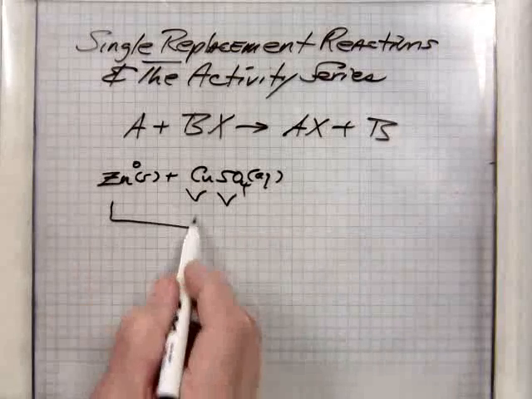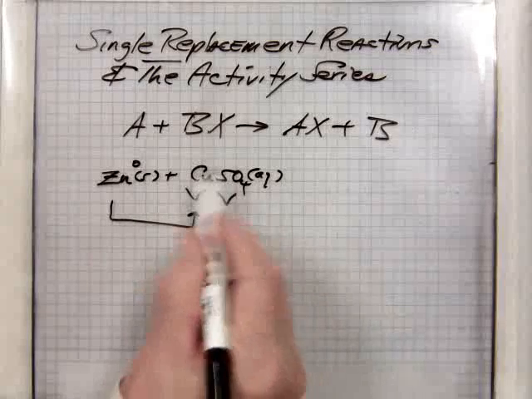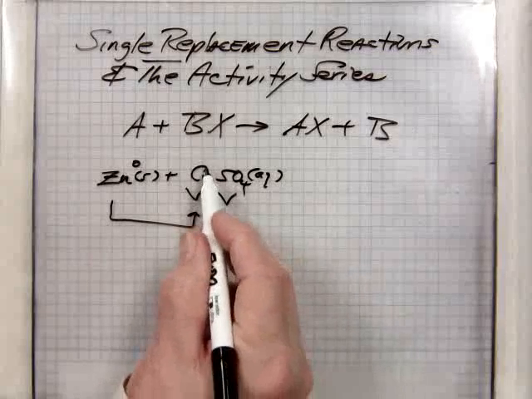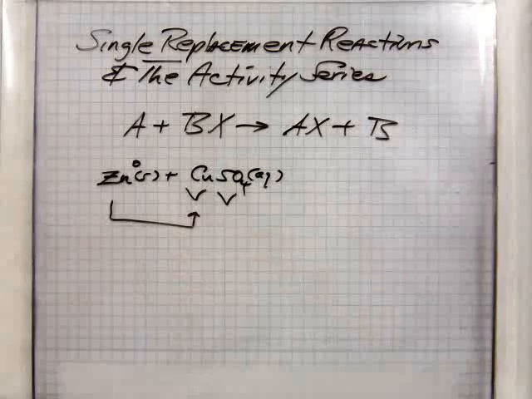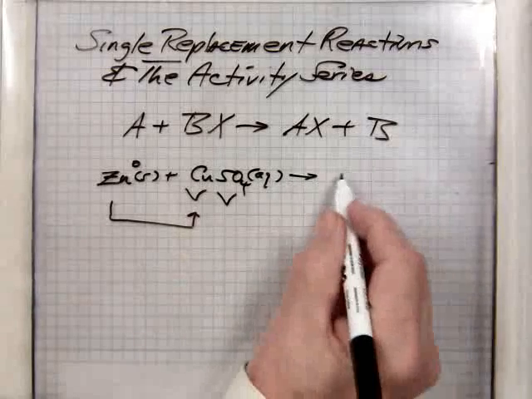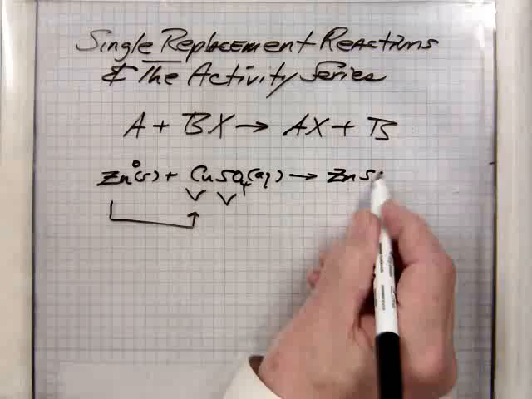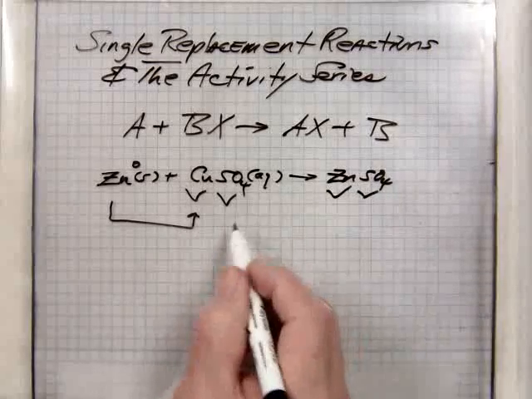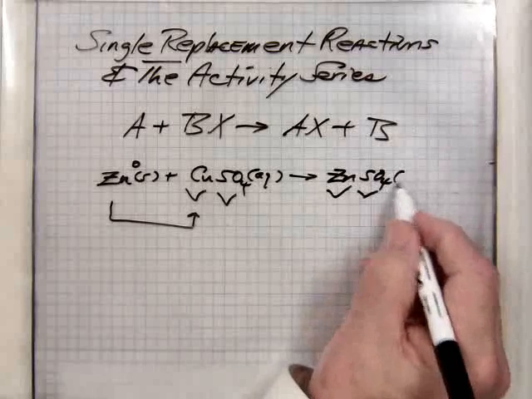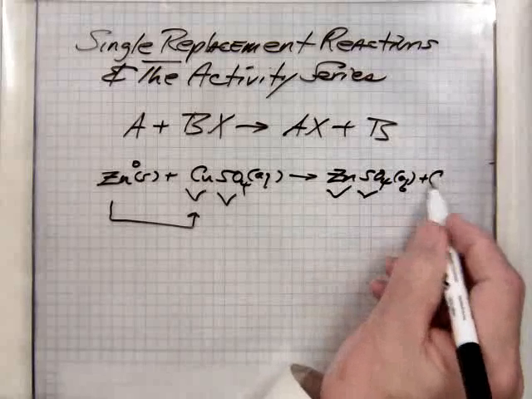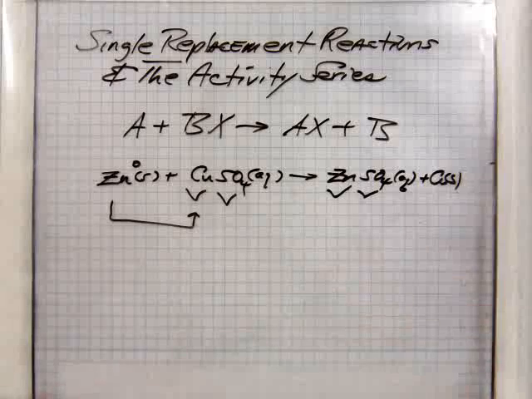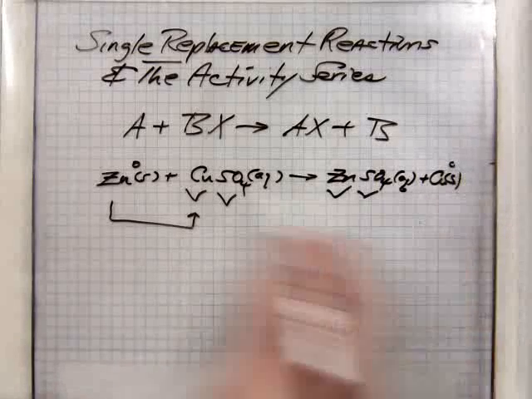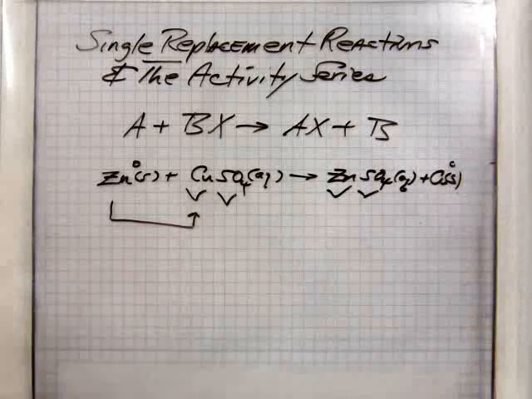So the zinc will go over and hook up into this salt and make copper go to its basic standard state. We get zinc sulfate, where the ion replaces, aqueous, plus copper solid in its basic standard state at the end of the reaction.